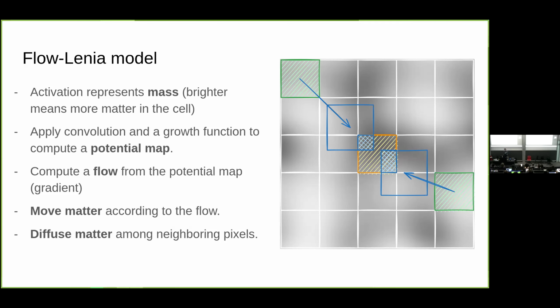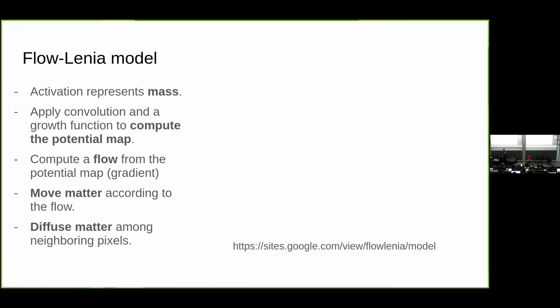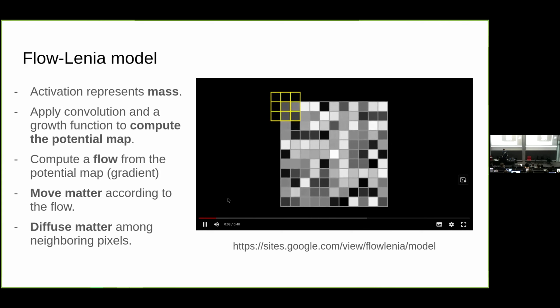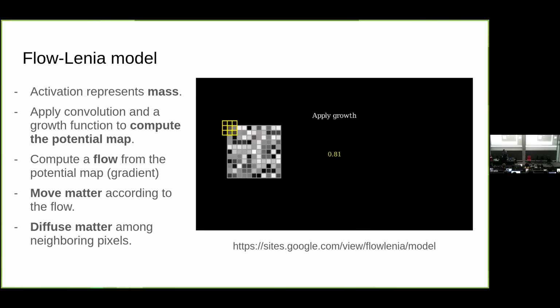And the next state of the cell is defined by the movement of particles that are in its neighboring cells and that come into the cell to form the new state. The matter moves, and then we diffuse it to have the nice property of not too much concentration. Here is a small video that shows how it's done.